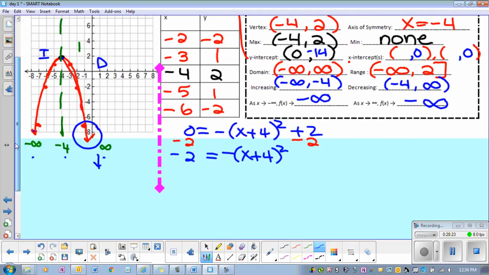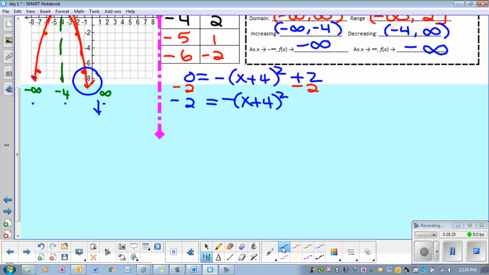Put square. Divide by negative 1. Then you have... I'm trying to get to this x, but it's inside the parentheses, right? You take a square root in order to get rid of the square, right?